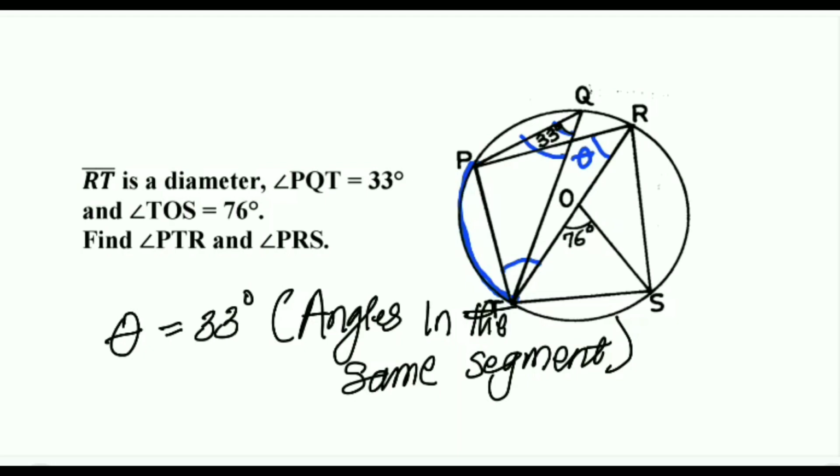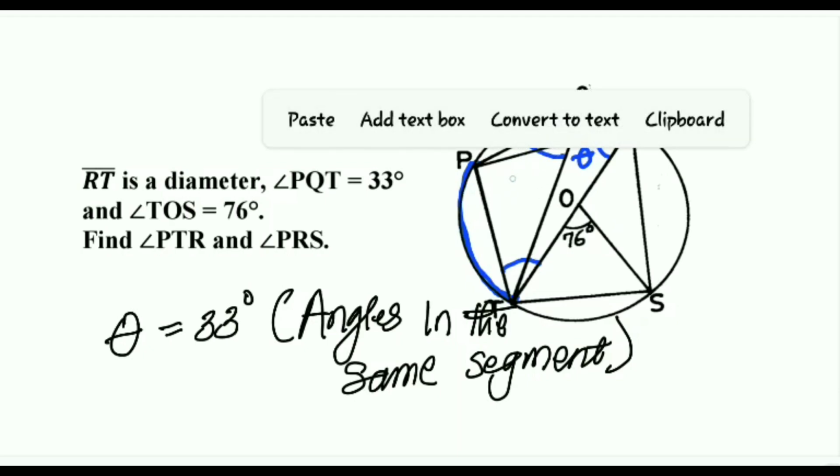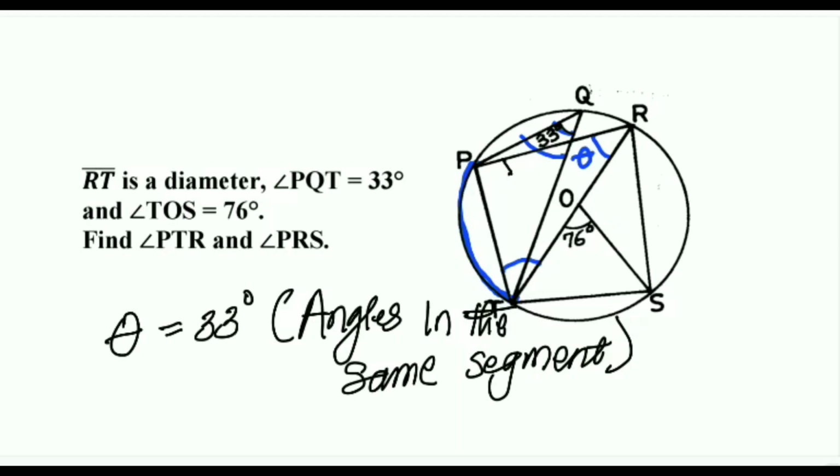You need to identify that angle. Look at this angle formed here. This angle will be 90 degrees. Why? The root of this angle is coming from the diameter, R and T. You can see the lines are coming from the diameter, and so we say this is an angle in a semicircle.